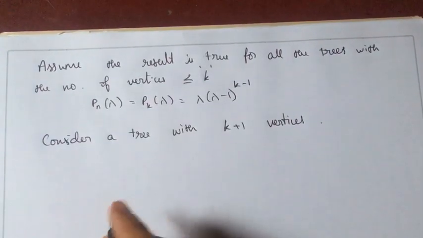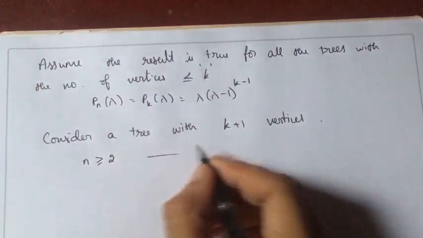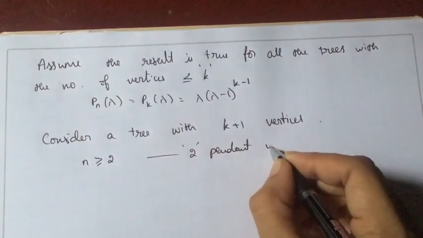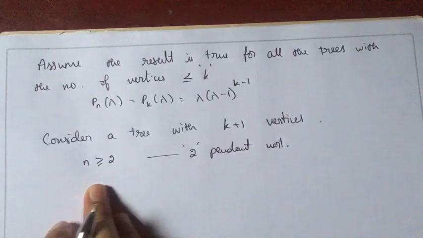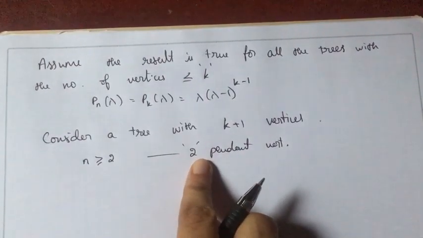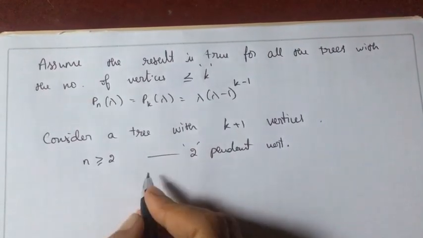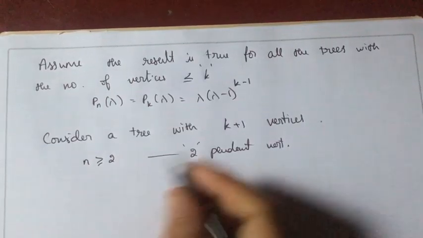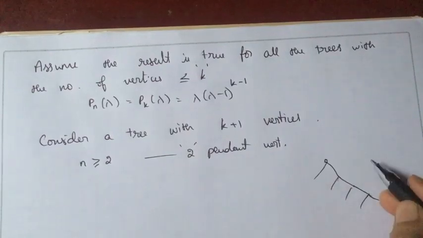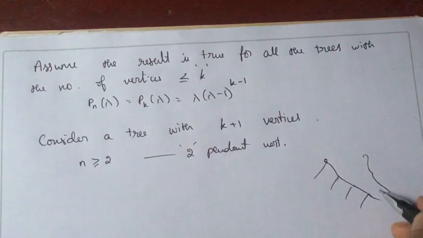We know that every tree with n greater than or equal to 2 has a minimum of 2 pendant vertices. So removing one of them along with the edge, we are left with a tree which has k vertices.